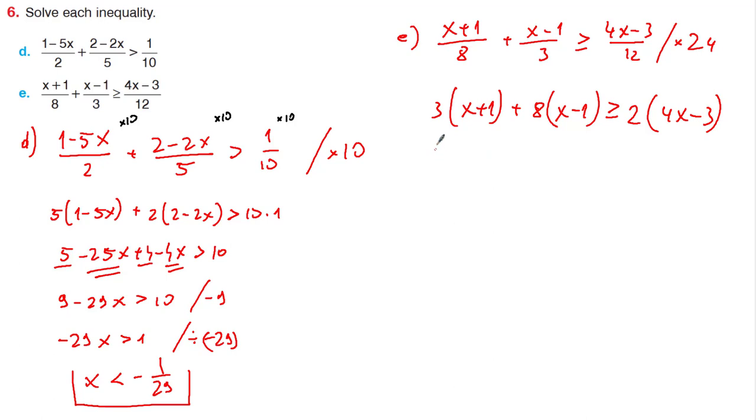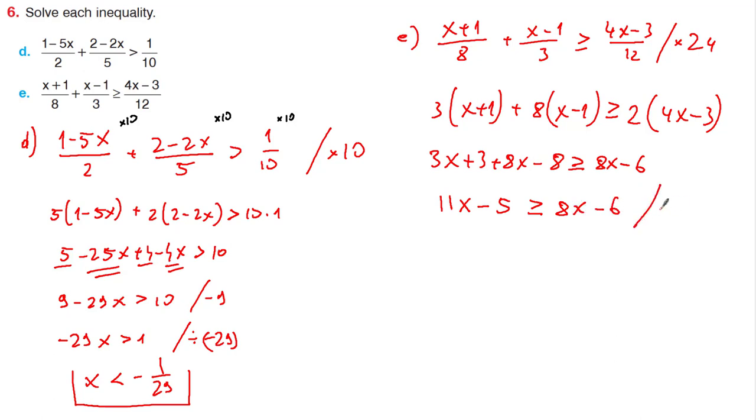The same goes here. We get rid of these brackets, so expand those brackets. 3x plus 3 plus 8x minus 8 is greater than 8x minus 6. 3x and 8x is 11x minus 5 is greater than 8x minus 6. We can perform two operations at the same time.